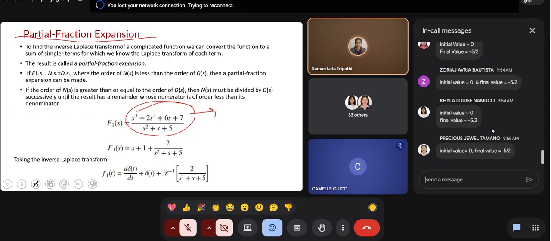If the numerator power is higher than the denominator power, first you should divide it. So here we are simply doing division, and once the numerator power is equal to or less than the denominator power, then we can stop there, and then we can further see whether this is in standard form. If it is in standard form, it is okay, otherwise you need to do further simplification of it.